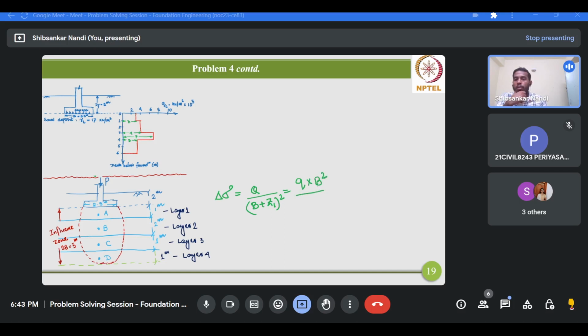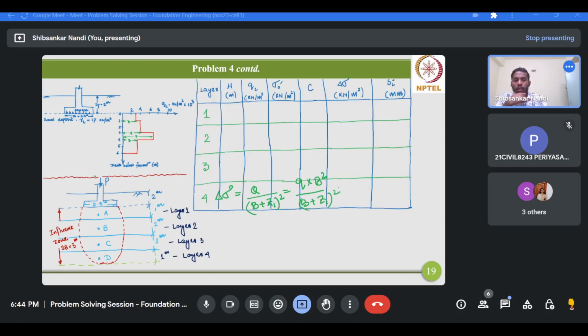Here it is B square for a square footing, divided by (B plus Z1) square. So delta sigma is Q B square divided by (B plus Z1) square.